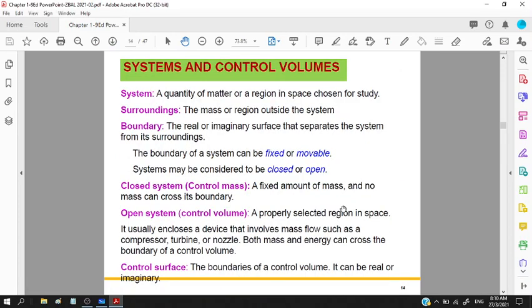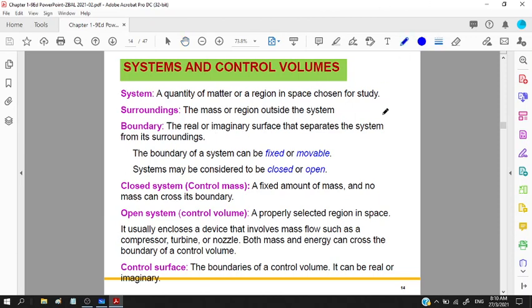Okay. Now we go to the terminologies used in thermodynamics. We have system. What is a system? A system is a matter or a quantity or region chosen for study. And for our case, usually the system is called the thermodynamic system.